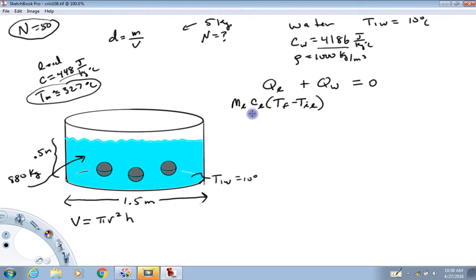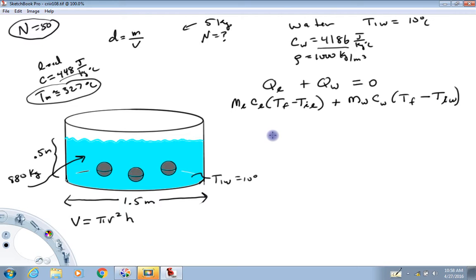So there's your m c delta T term for the temperature change. Plus, for the water, and again, we know now for sure we're not going to have any phase changes, so this is going to equal just mass of the water times specific heat of the water times T final minus T initial for the water.